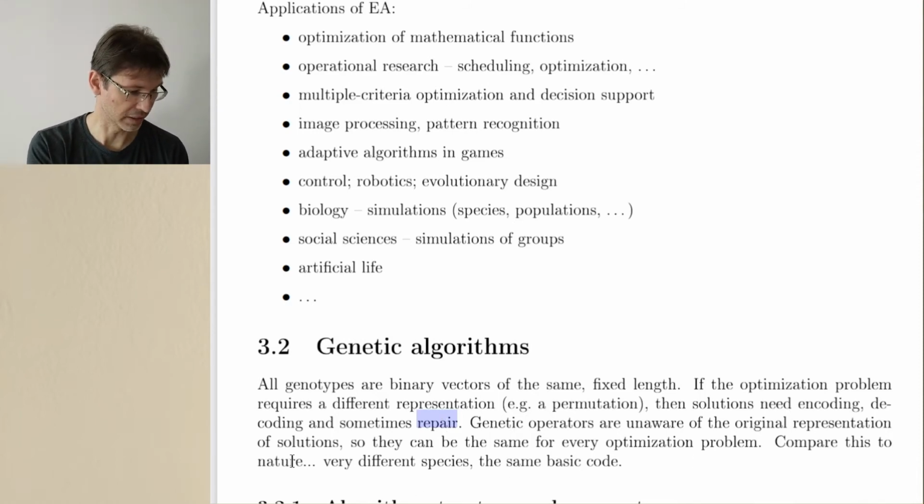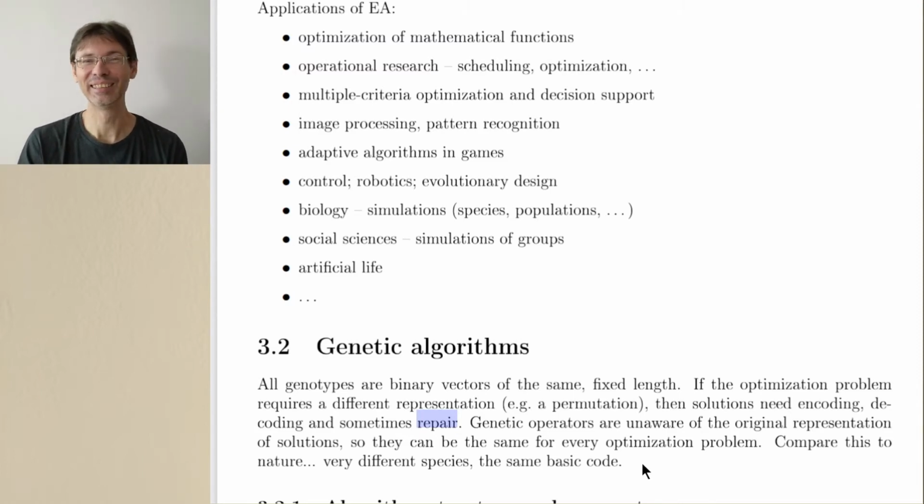Compare this to nature. Very different species, the same basic code. So there may be some analogy of this in nature, where we have ATGC, and we can actually build a human or build a flower, or build a virus or a bacteria. Everything shares the same code. So in this regard, genetic algorithms, or this idea to encode everything into binary, could make sense.